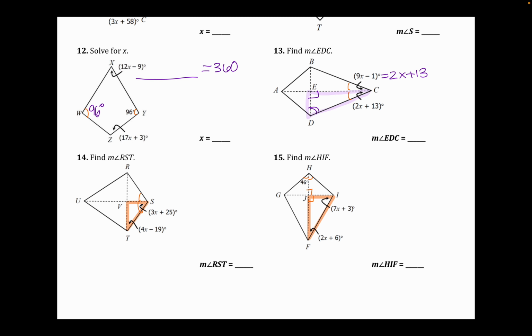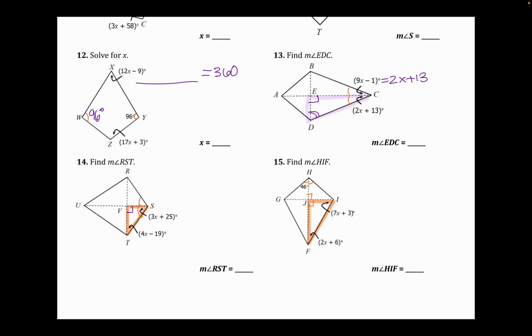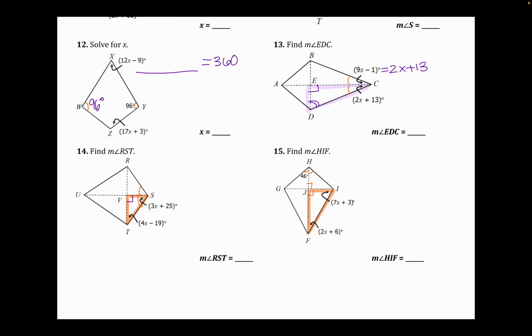Okay, number 14. We have a triangle, this triangle SVT. These two angles are not congruent, but this angle and the 90, all of those are going to add up to 180 degrees.